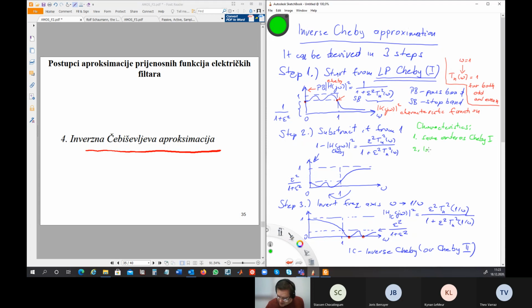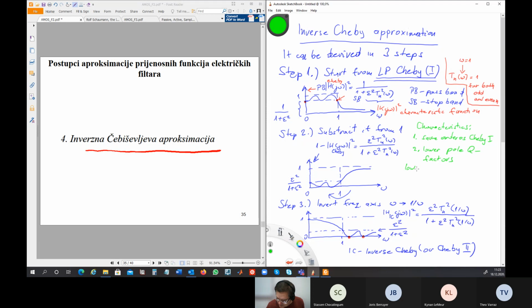But it has lower pole Q factors. And because of this, it has a more flat group delay, or let's say, it has a group delay with less variations, lower variation.